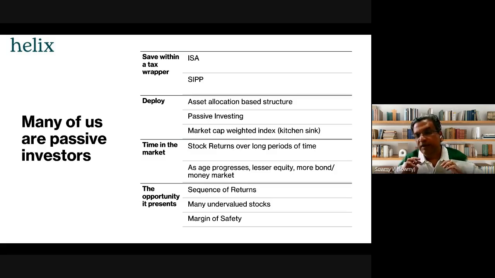Now, when you look at how people allocate money within the wrapper, yes, they give you an option. There is a certain type in which you can allocate a specific set of stocks, etc. But if you actually look at it, for most people, it is very simple to just choose an asset allocation based structure, right?